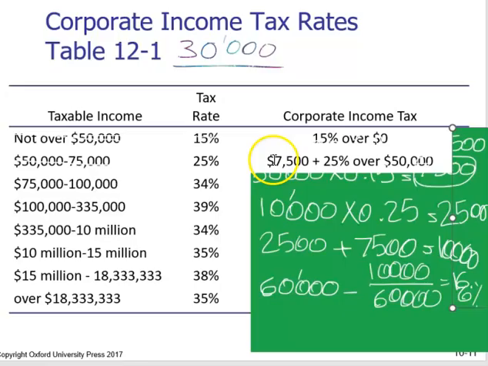It is always over there because it is the tax on the upper bound of the previous tax bracket, plus 25% of the amount of income that is over $50,000. And it was 10,000 in our case, and totally we came up to $10,000 tax.